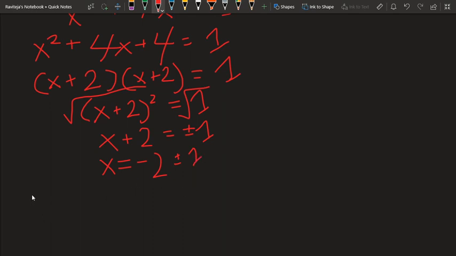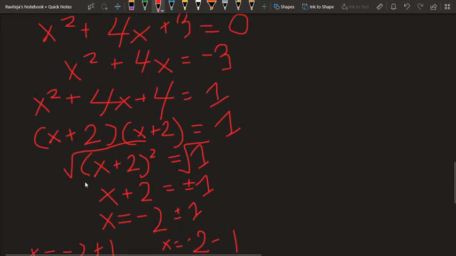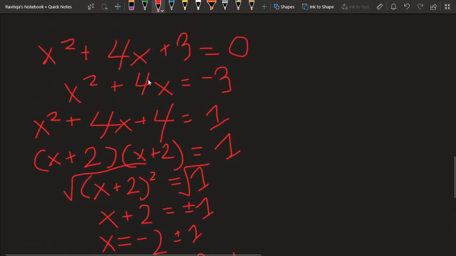So the first value of x would just be x equals negative 2 plus 1, which is just negative 1. And then the other x value would be x equals negative 2 minus 1, which is negative 3. So that's how we get negative 1 and negative 3 for our x solutions to this quadratic equation.